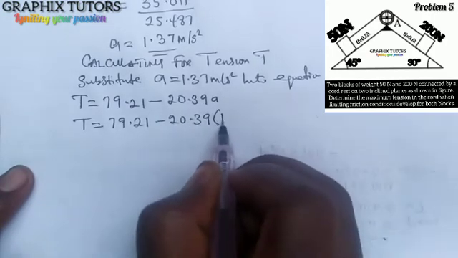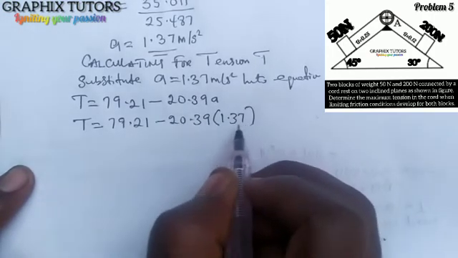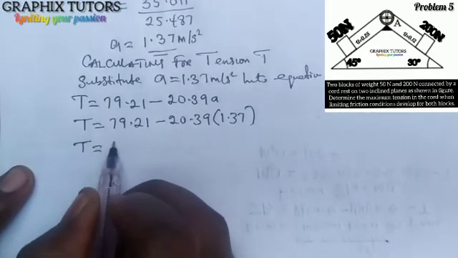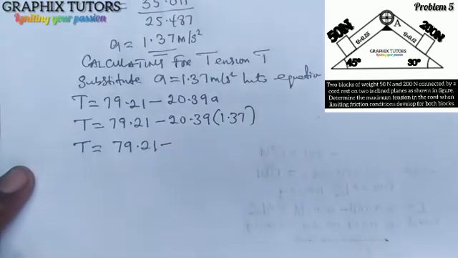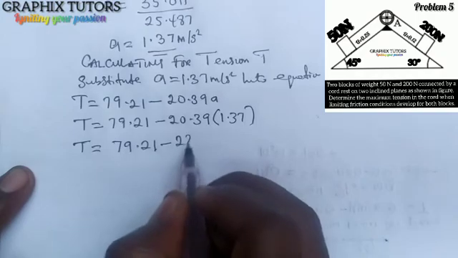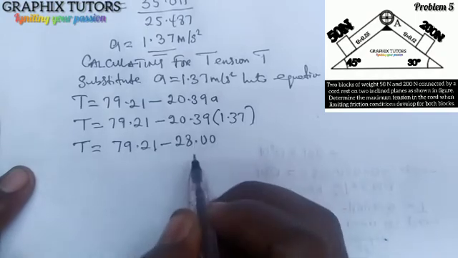So if I put my a, the T here will now give me 79.21 minus 20.39 times 1.37, which is 27.9 approximately.